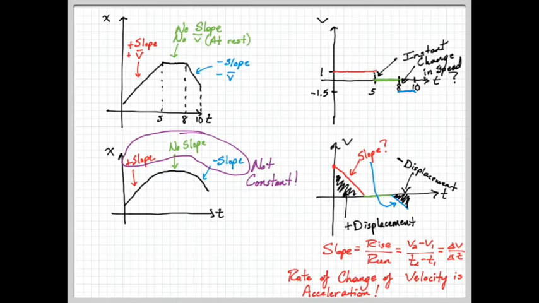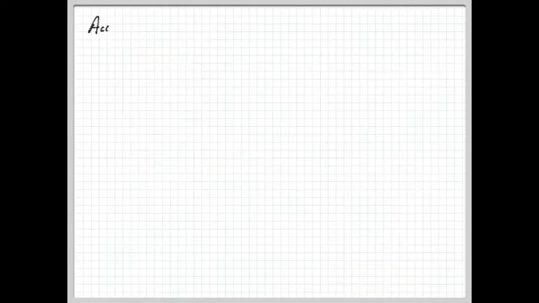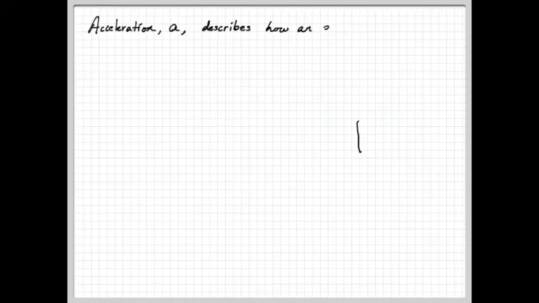All right, so a little more to that definition. The acceleration, A, describes how an object's motion changes.